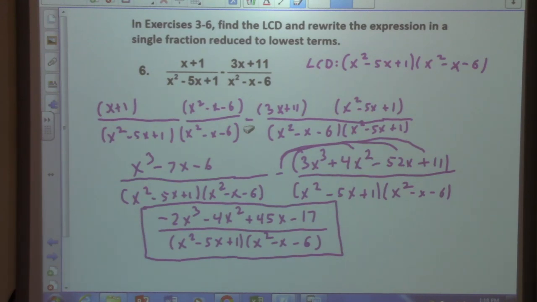Okay, next set involves using the quadratic formula. It's negative b plus or minus the square root of b squared minus 4ac, over 2a.